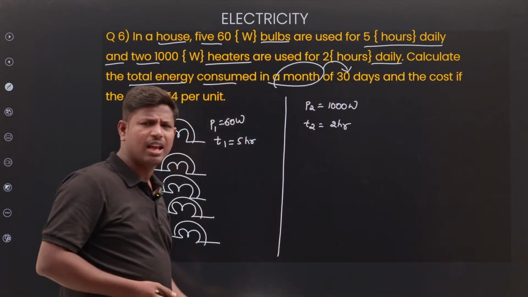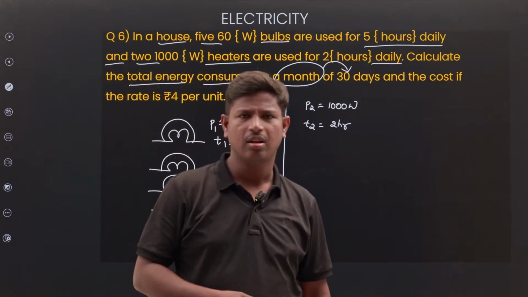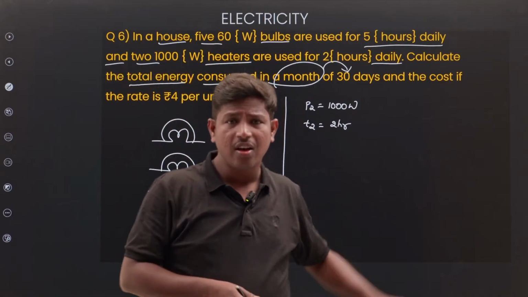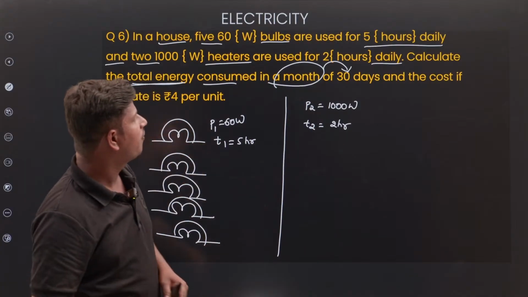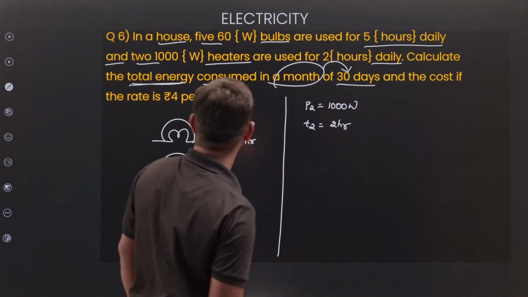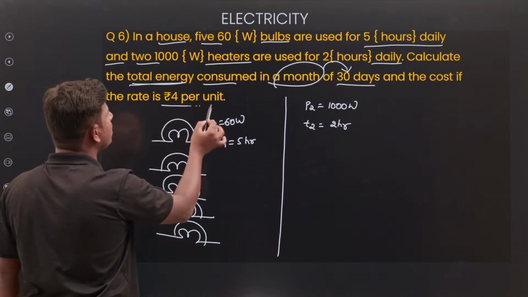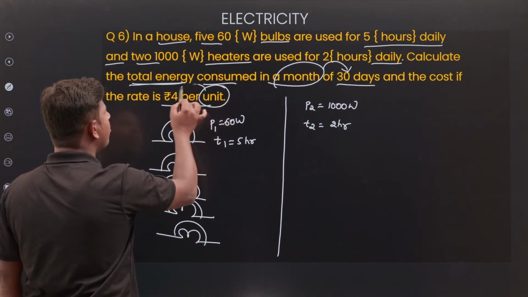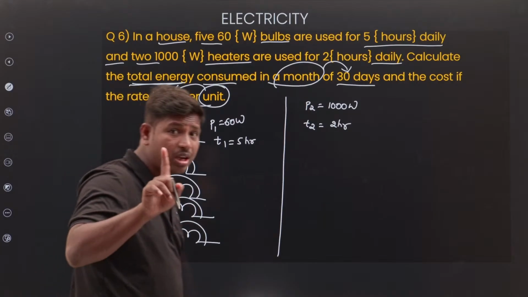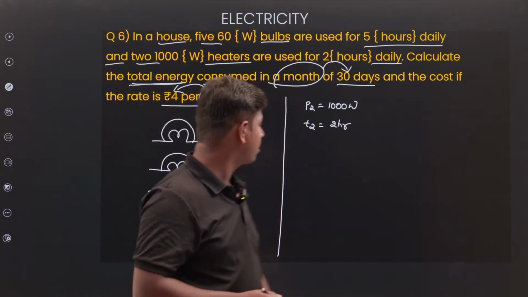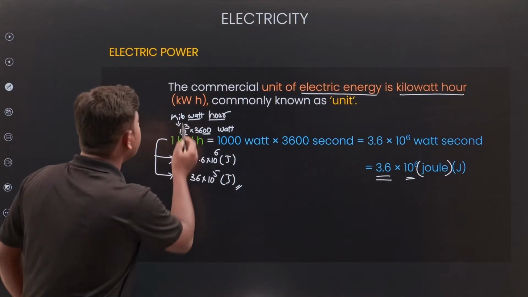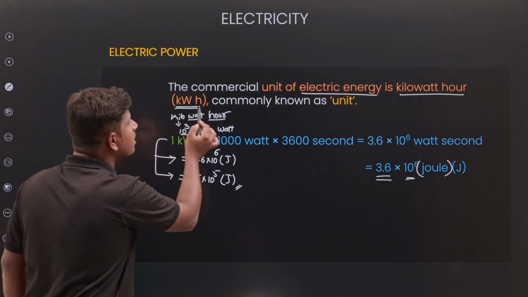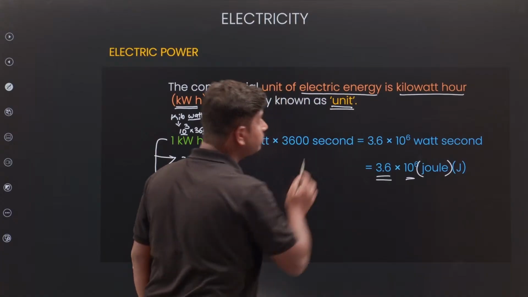So daily they are using. In a month 30 days are there. For these 30 days, how much total energy? And the cost rate is per unit, 4 rupees per unit. See here, kWh, kilowatt hour, is called a unit.